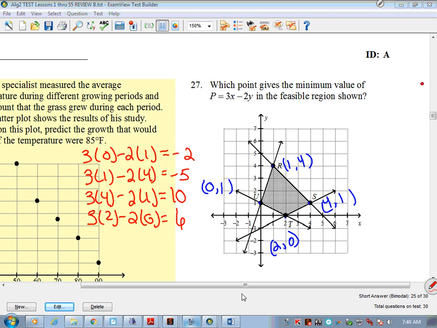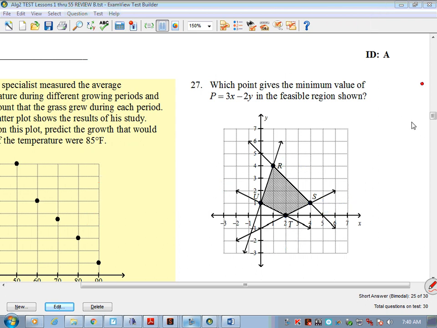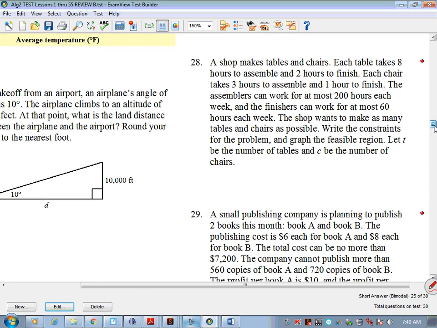We're looking for the negative 5, which is (1, 4), so we would say R. R gives me the smallest number on 27, with coordinates (1, 4). R (1, 4) is my minimum. It's a relatively easy question if we know what we're doing with it.